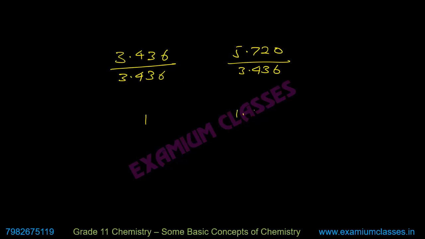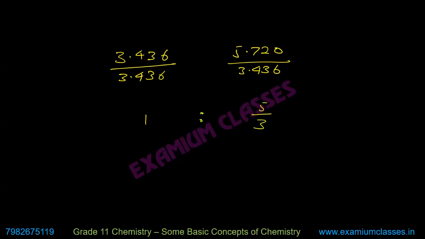And here I got 1.67 approximately. Then I applied my knowledge that it is actually 1 plus 0.67, and 0.67 is nothing but 2 by 3. So I will convert the decimal to fractions, and by fractions it will be easier for me to get the whole number. So 1 plus 2 by 3 is 1 and 2 by 3, and that is actually 5 by 3.